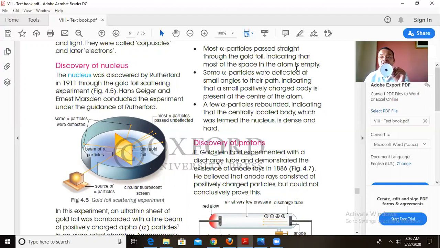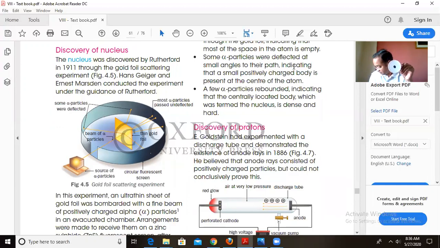So let us study the experiment that they carried out on this gold foil. They bombarded this gold foil with alpha particles, or alpha rays, which are positively charged particles.